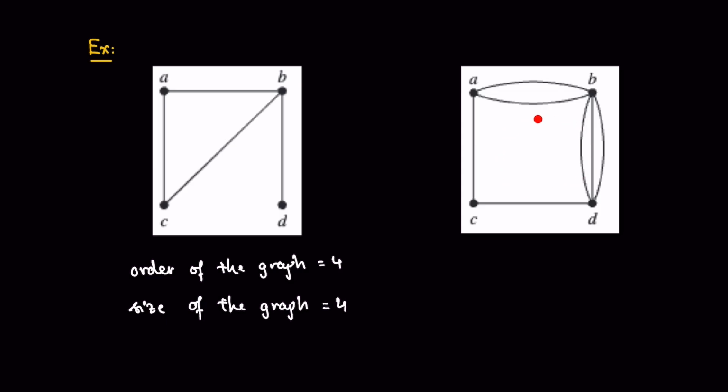In the second example, you have 1, 2, 3, and 4 vertices, so the order of the graph is 4. The size of the graph depends on the number of edges. So you have 1, 2, so there are 2 edges connecting A and B, 3, 4, 5, 6, and 7. So there are 7 edges, therefore the size of the graph is going to be 7.